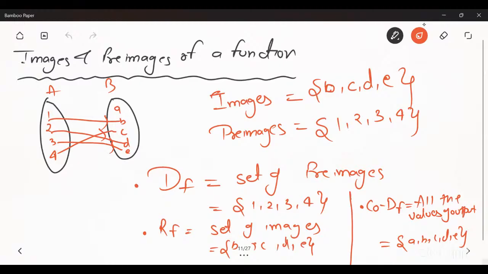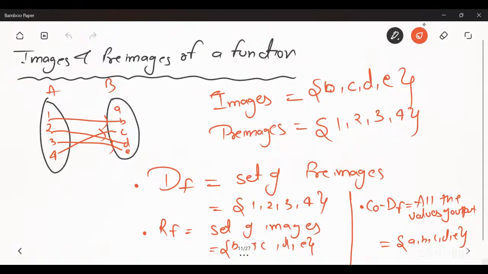Images of a function can be defined as the set of all the elements which are mapped from set A to set B. So the images are the elements which we have found by mapping, and pre-images are the elements whose images are found.